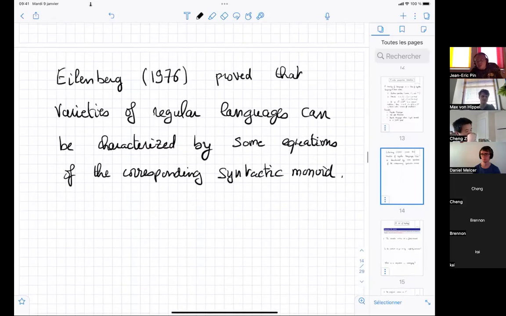So this is a very loose statement. I would try to make it precise, but I'm not sure to be able to do this completely. But let me just give you the idea that, for instance, you have star-free languages.